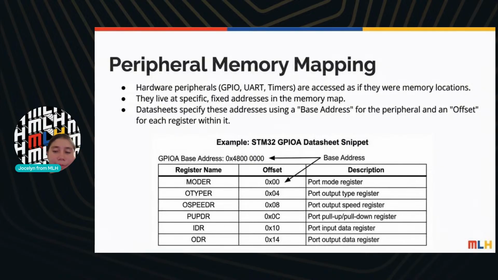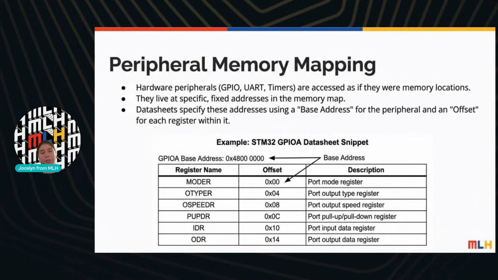Then you can see a description of each of these registers. For example, the OTYPER, which is the second one, is the port output type register. Now, seeing these, you already know these hexadecimal addresses can also be typed in binary, but we use hexadecimal so it's brief.